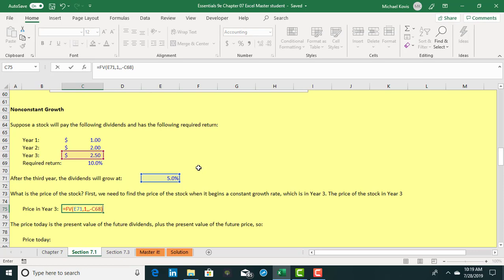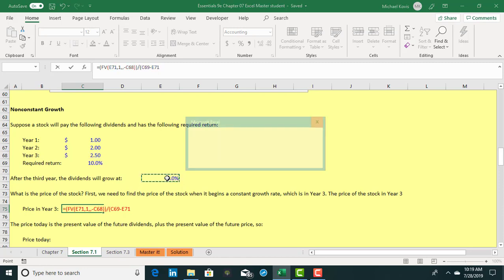So what is it worth to us today? Well, we can go equals, and we can use an NPV function.